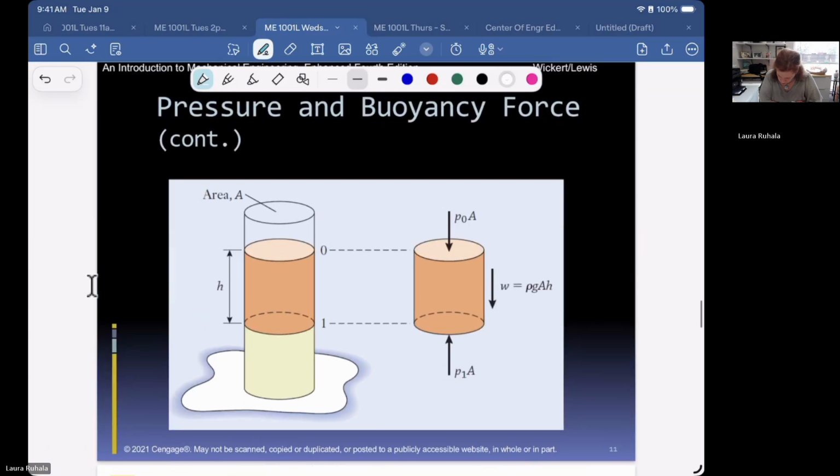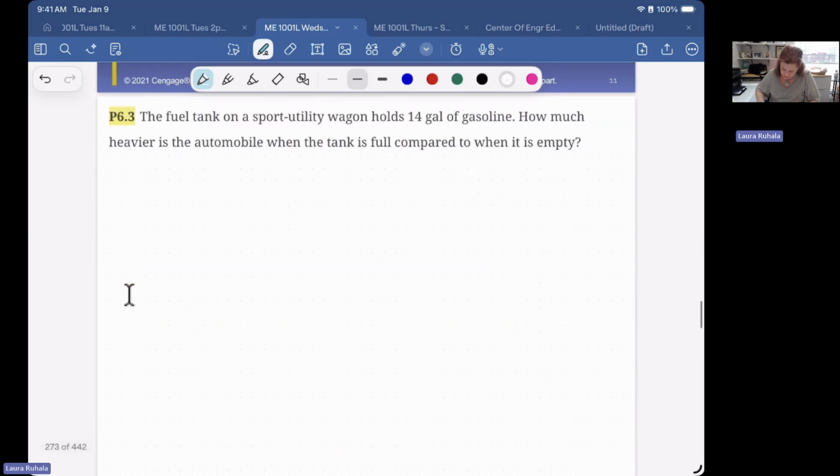Okay. So here we're looking at pressure and buoyancy force, and the pressure down and the pressure up, and how they relate. We'll be getting to these in a problem, so let's do that.